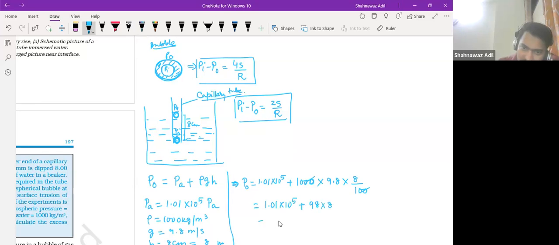So 8 times 8 is 64, and 8 nines are 72 plus 6 is 78.